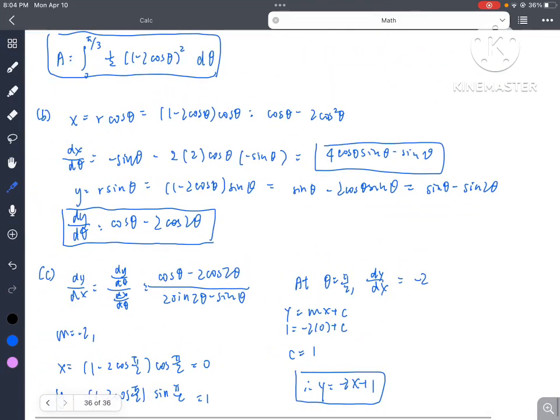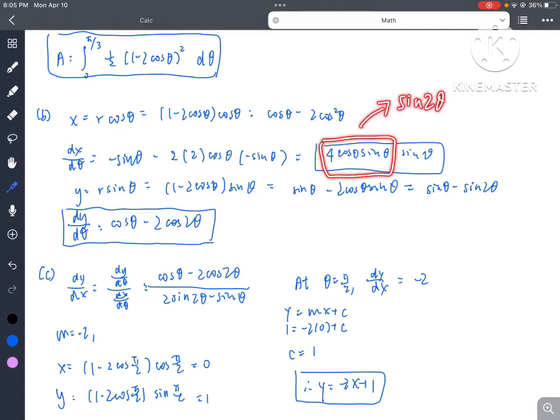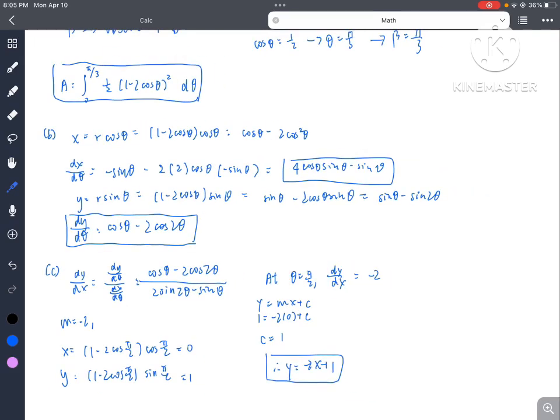So we can just put this on top of this one, and notice that we have simplified this using the trig identity sine 2 theta is equal to 2 sine theta cosine theta, which is over here. And then we just plug in theta equal to pi over 2, and then we obtain this. Now, great, we have the slope.